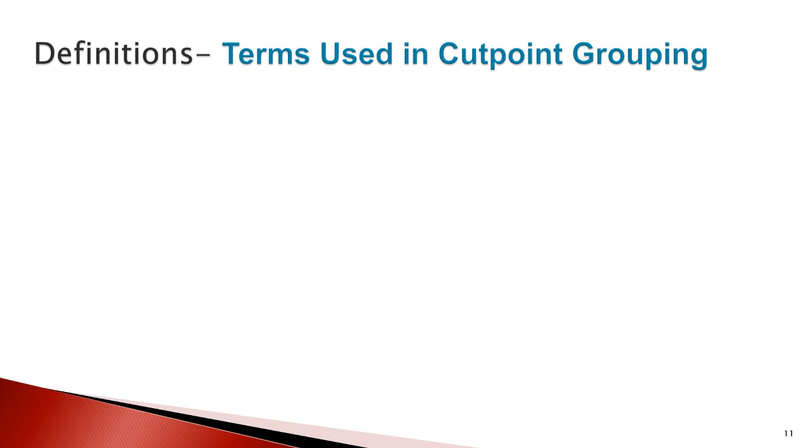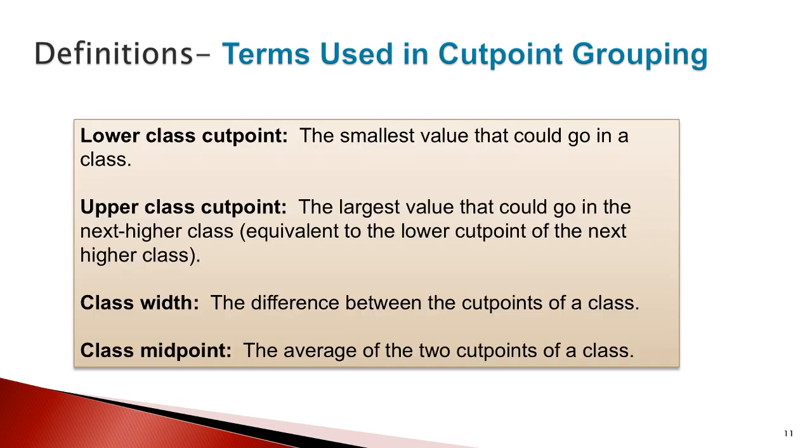There are some definitions that we can use in cut point grouping. The lower class cut point, the smallest value that could go in a class. The upper class cut point, the largest value that could go in the next higher class, that is equivalent to the lower cut point of the next higher class.